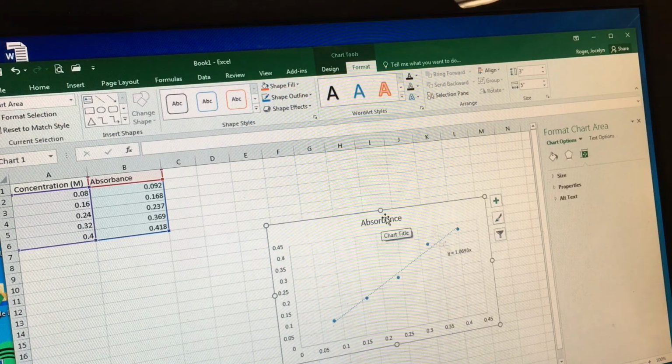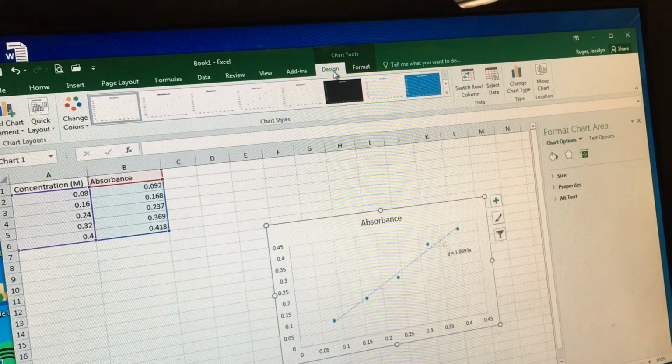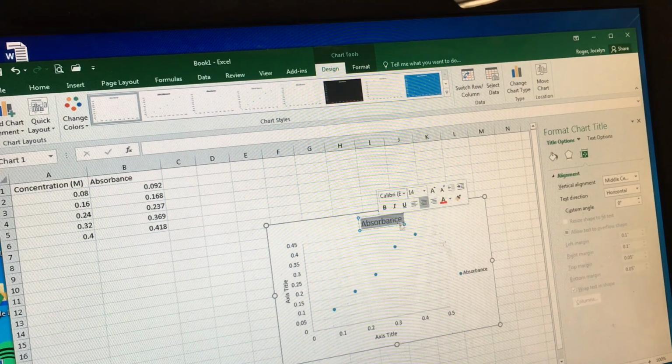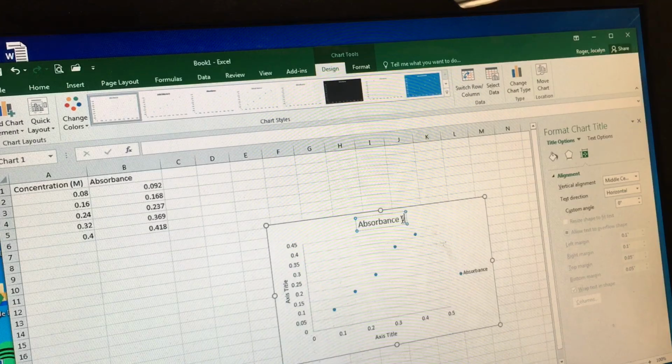It is the value of the absorbance versus concentration of CuCl2, and our concentration is in molar.